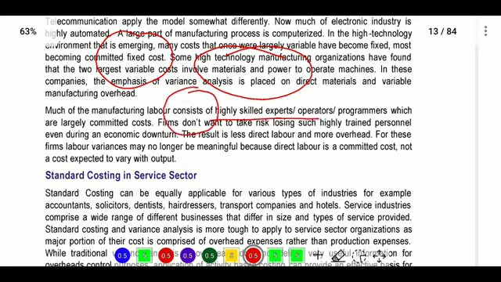For computers we require professionals with computer skills and knowledge, not unskilled persons. So labor cost also becomes a committed cost. The firm does not take any risk of losing highly trained persons even during an economic downturn. The result is less direct labor and more overheads.